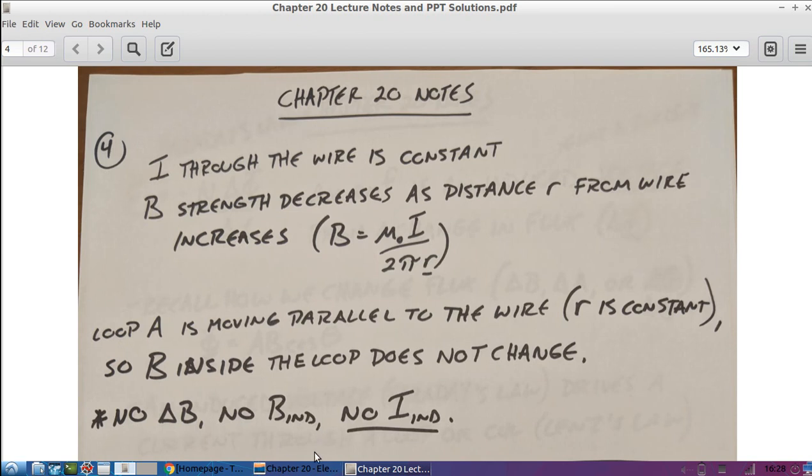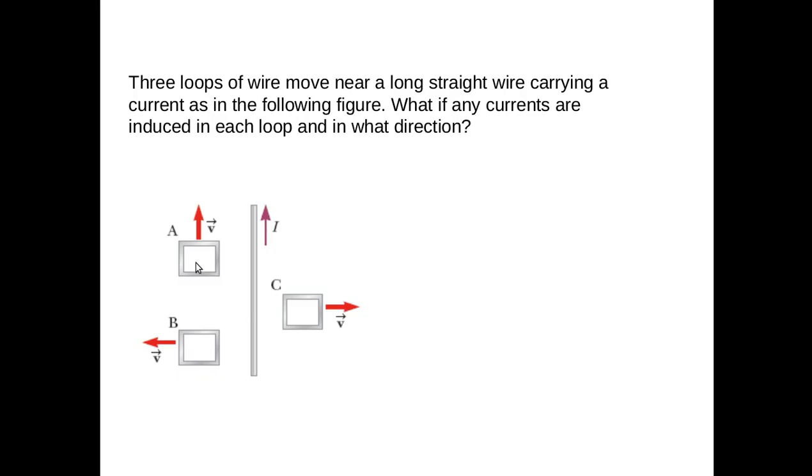So let's talk about loop A first. It's moving up in this direction, so it's moving in the positive y direction. It's not moving closer or farther away from the wire, right? It's not moving in the x direction. So that means the magnetic field inside this loop is going to stay constant.